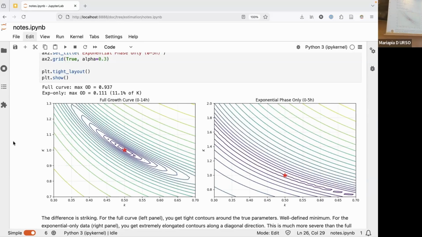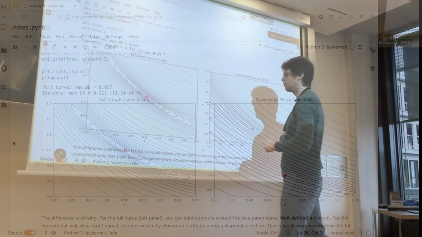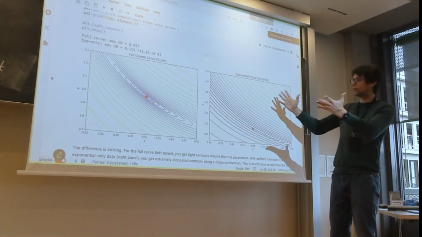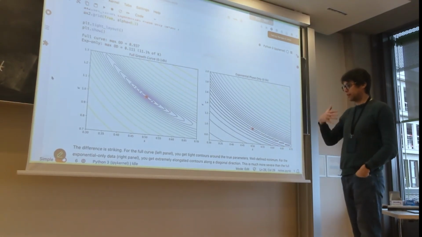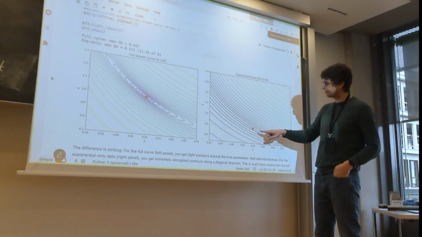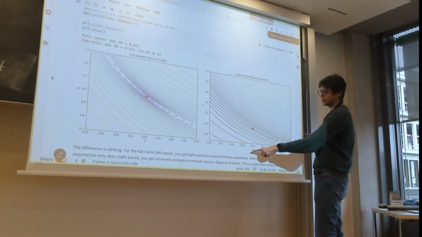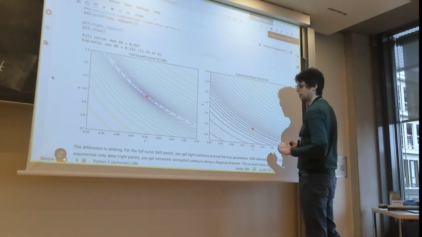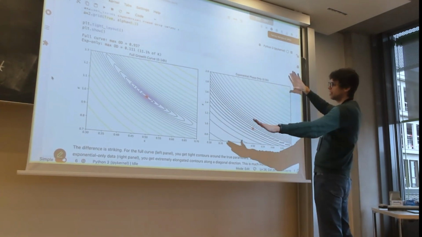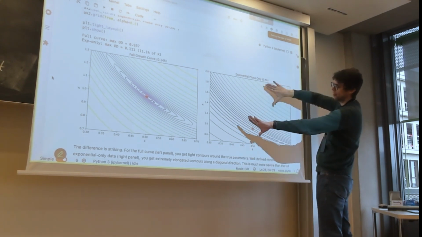And here, this is again the landscapes of the full growth curve with the true value, and the exponential phase only growth curves, where we give it as time series only the start. And here we have small k versus capital K, and here we have the true value. And we see that in these directions we have a valley.